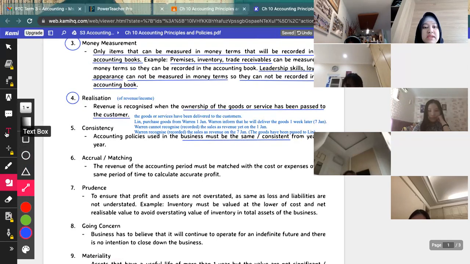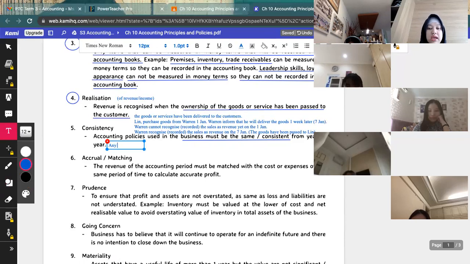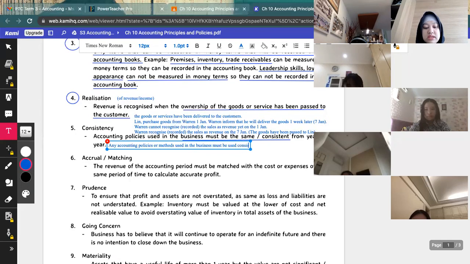It means that any accounting policies, rules or methods used in the business must be used consistently and cannot be changed from year to year.